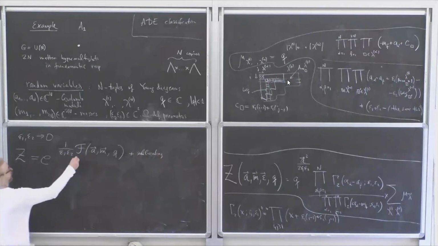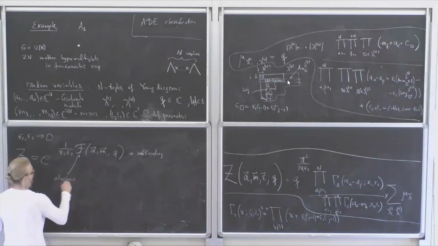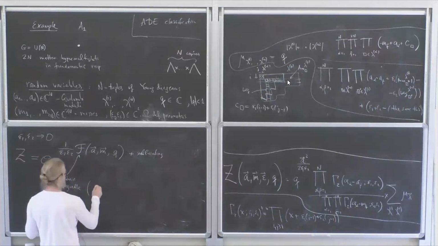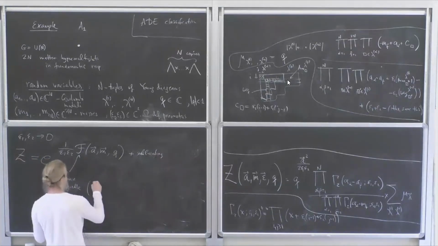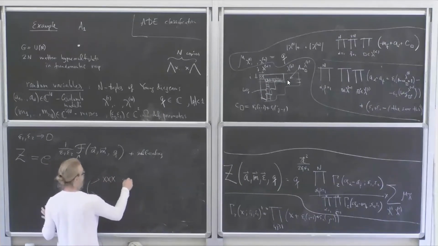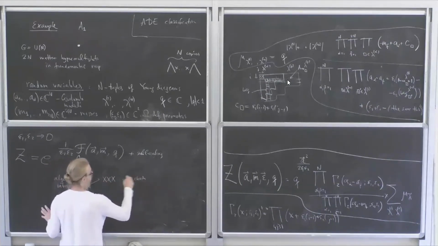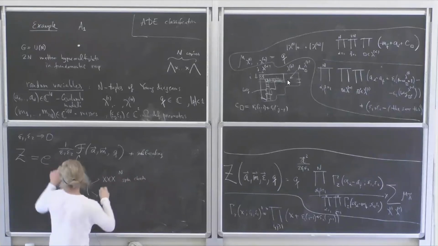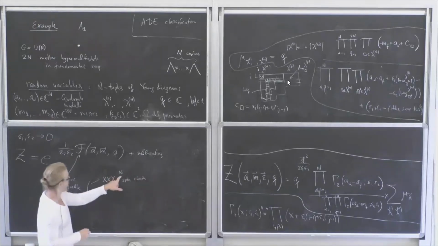So this is related to an algebraic integrable system, which you can view in two ways, as XXX spin chain with n, so n is the number of sites.